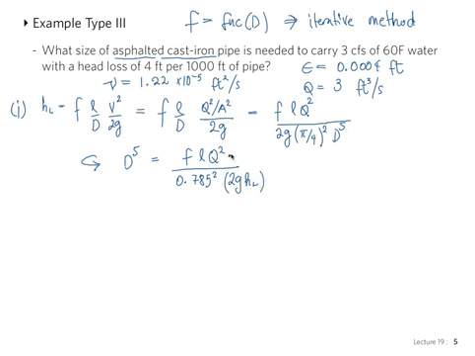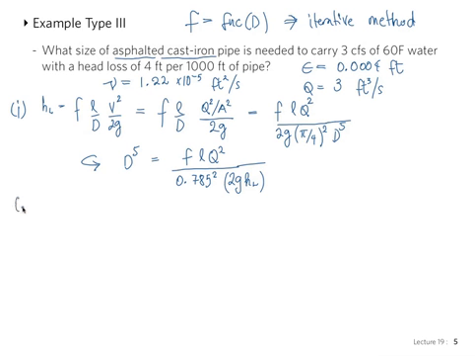Why did I leave the 2 in there? I don't know. Now we can start with a trial solution. Guess F, get D. Then once we get D, we can get Reynolds number and relative roughness. Everything depends on D now, and go back to the Moody chart.